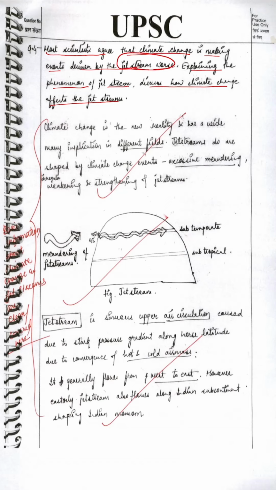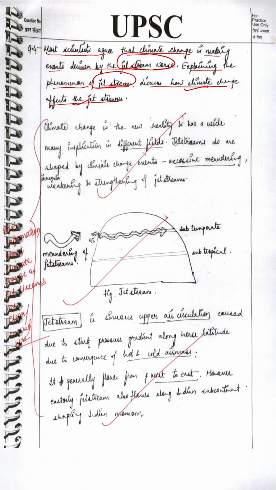So here we need to talk about the jet stream and what is the impact of climate change on it. Now the second part is explaining the phenomena of jet stream. We need to explain the phenomena of jet stream and discuss how climate change affects the jet stream. The impact of climate change on the jet stream also needs to be discussed.